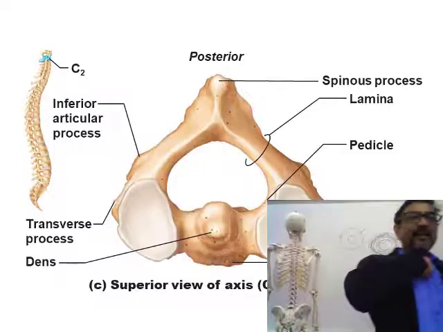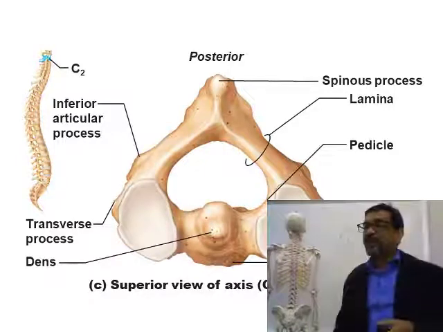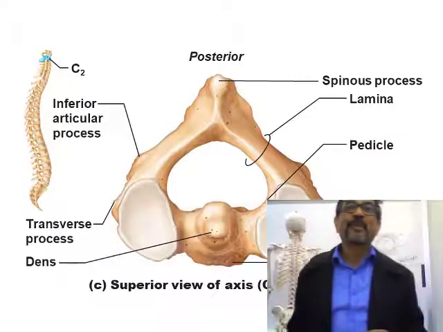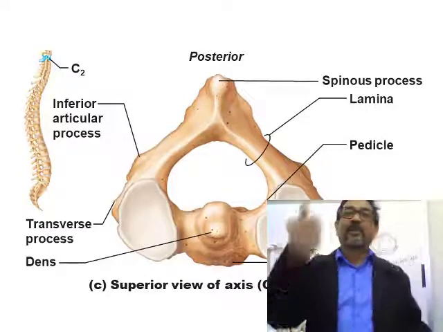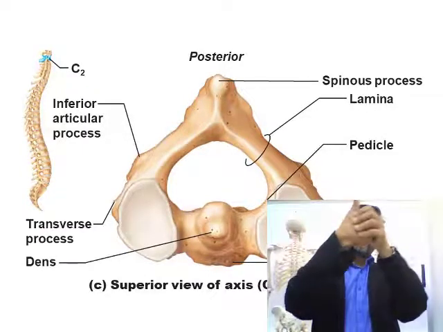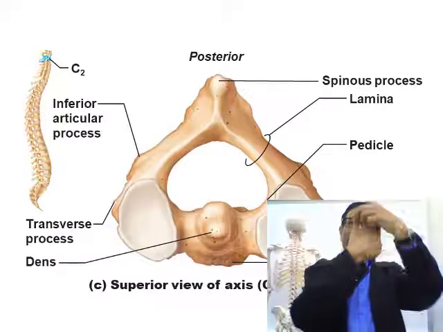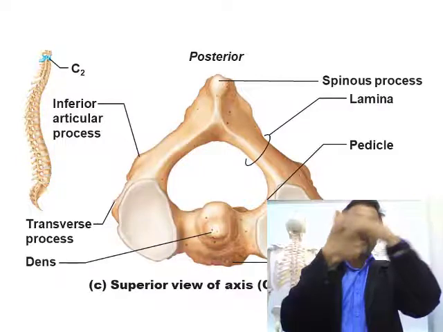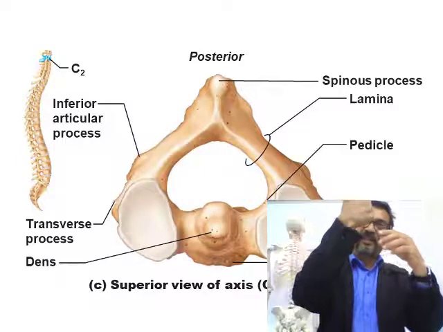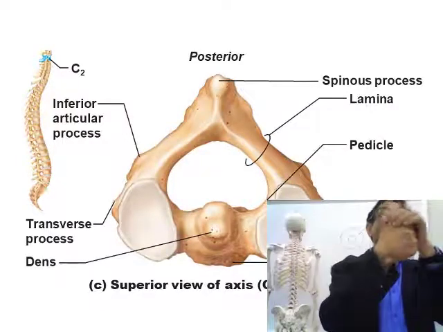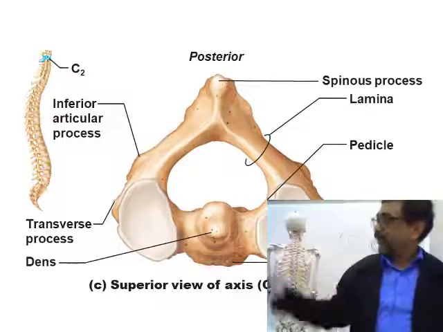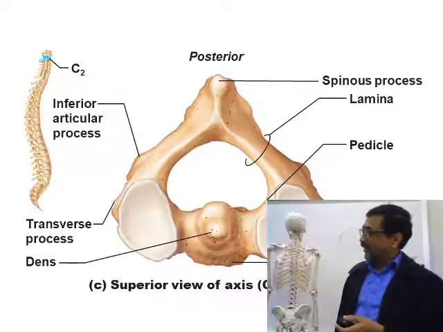This one has a body, but how is it different from other typical vertebrae? Because from the body, if this is the body, a finger-like structure sticks out. This is only in C2. No other vertebrae has this structure from the body, and this is called the dens. Now, this is the dens, on top of the body.